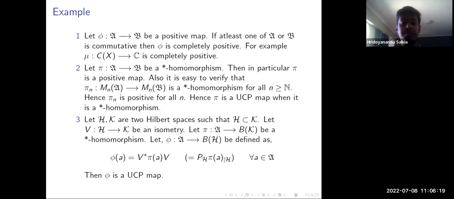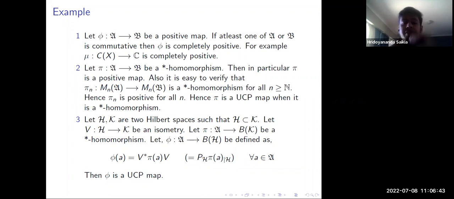Now let pi be a star homomorphism. That means pi is a C-star algebra representation from the C-star algebra A to B of K, where K was the bigger Hilbert space.